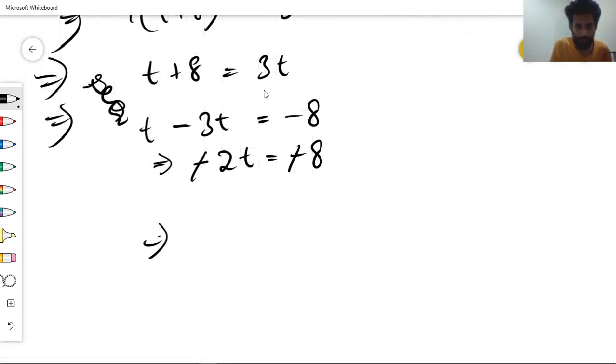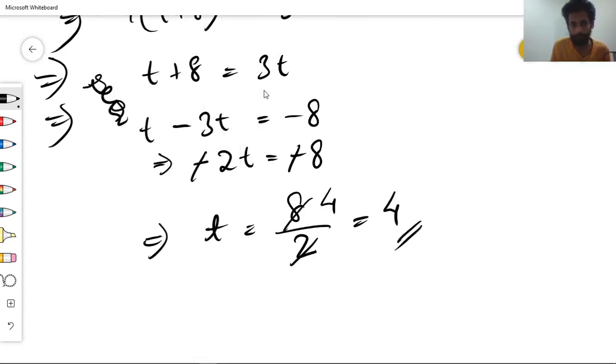Then the value of t will be 8 divided by 2, that is 4. This is not here, okay. Just to not get confused, this is here, okay.